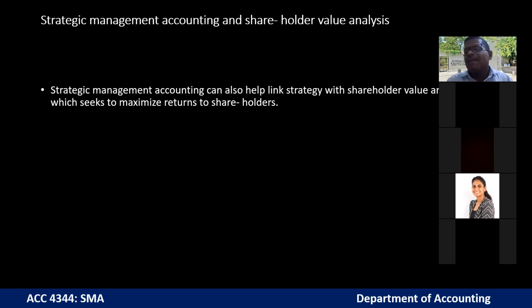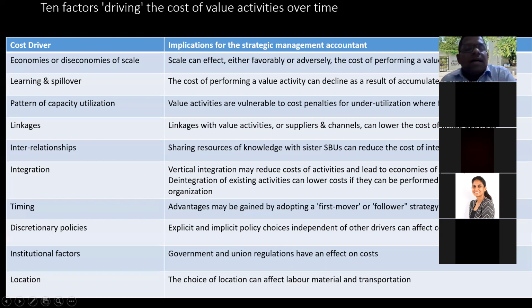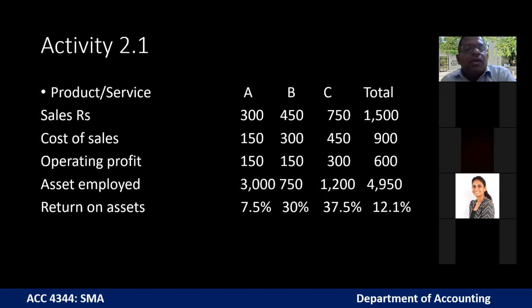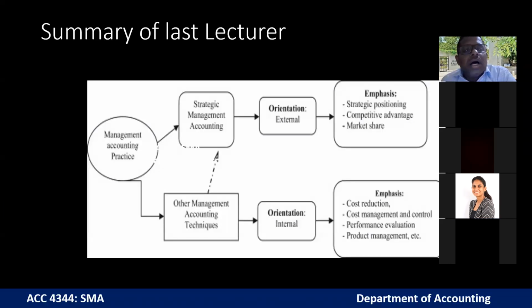He is in there. He is with you. That is the meaning of strategic management accounting and shareholder value analysis. So I think with this, it is time for us to sum up the lecture. This is the last lecture summary.